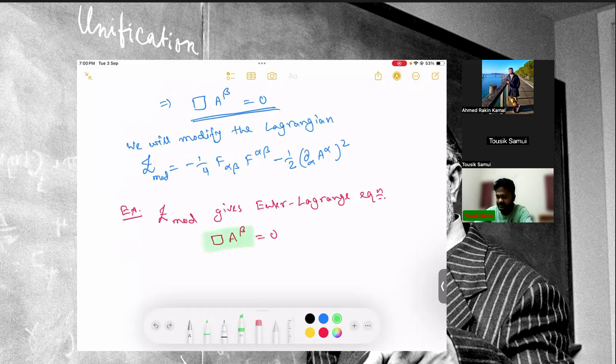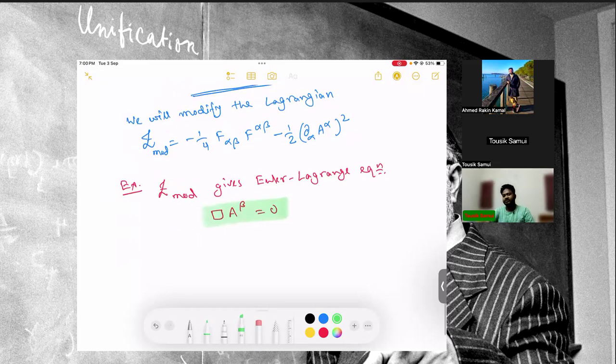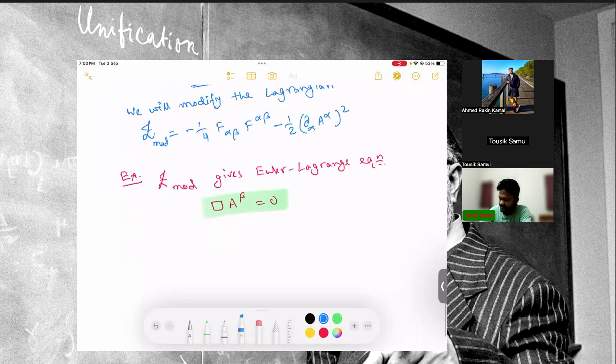See this equation of motion, we can see that it is a very familiar equation of motion.